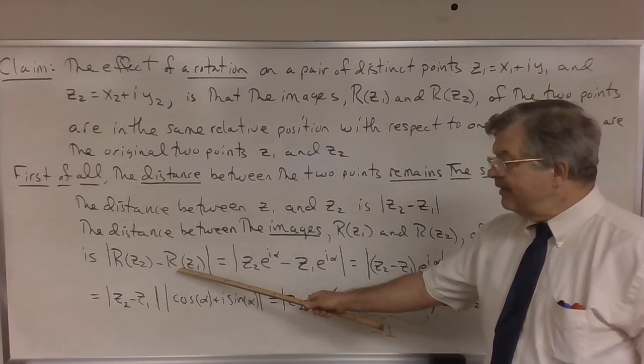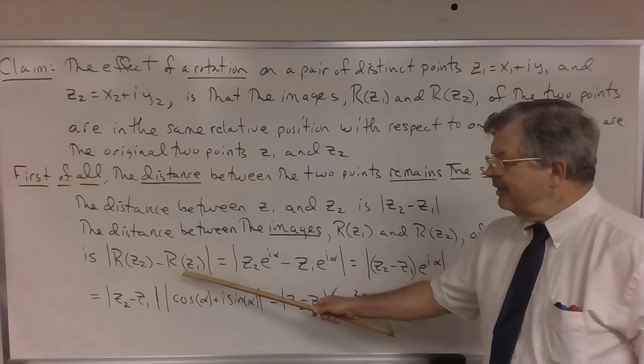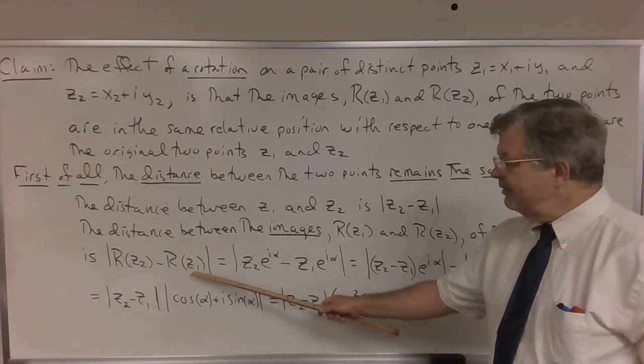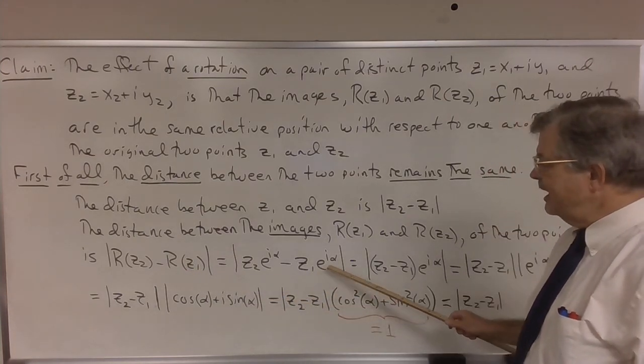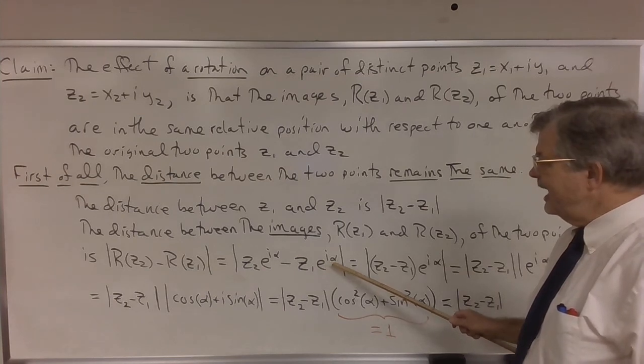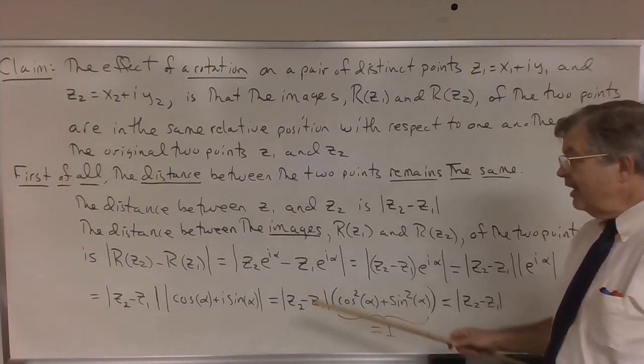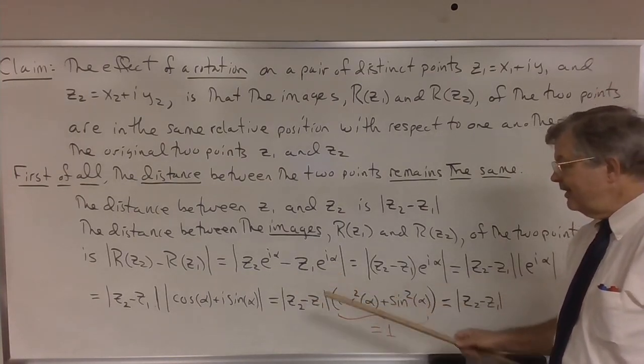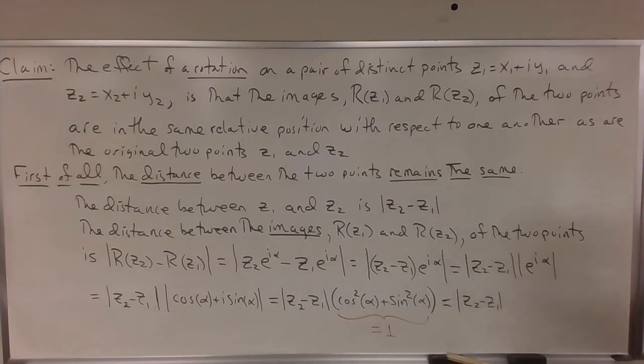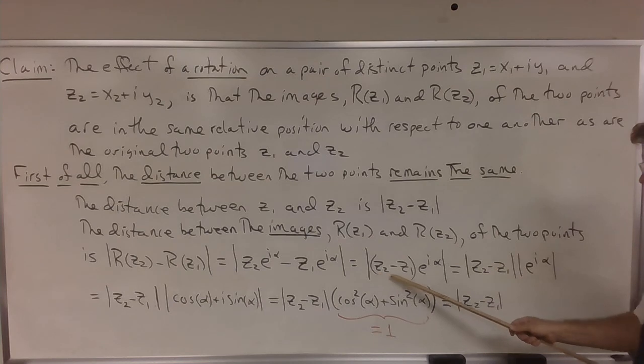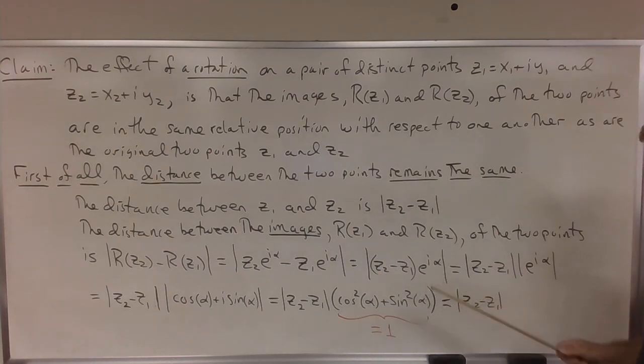And r of z1, this rotation, is z1 times e to the i alpha. We have a common factor of e to the i alpha. We factor it out. And we have the modulus of a product, z2 minus z1 times e to the i alpha. So that turns out to be the product of the 2 moduli.